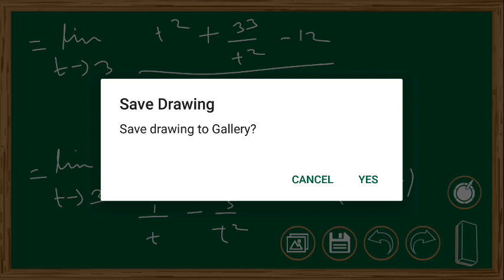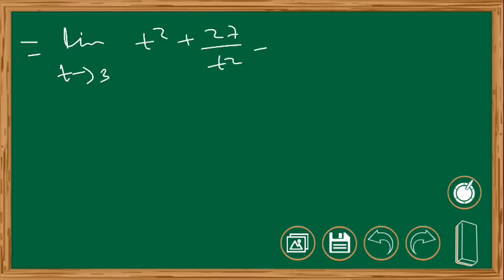Clear? So let us proceed one step ahead. This was limit t tends to 3, t square plus 27 divided by t square minus 12, whole dash, that means derivative, d by dt. Okay, let me write it once again.